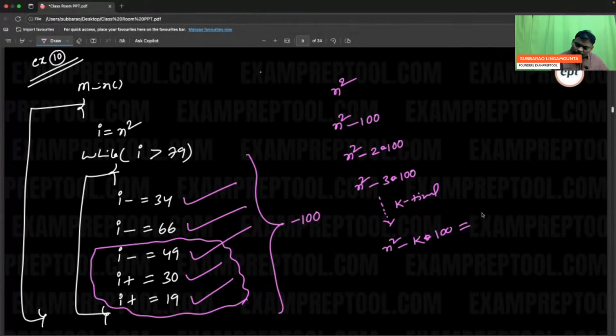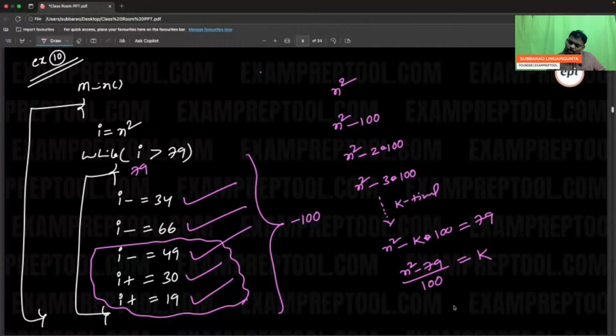Decrementing, it became 79. Then only they both stopped. So n square minus k into 100 is equal to 79. But I want the k value. So n square minus 79 by 100, is equal to k.